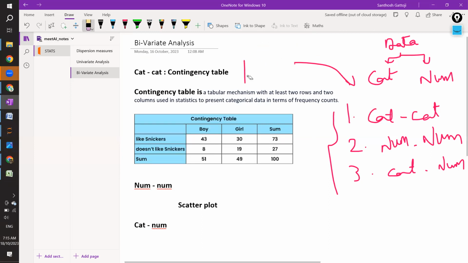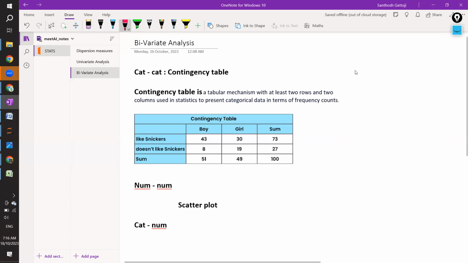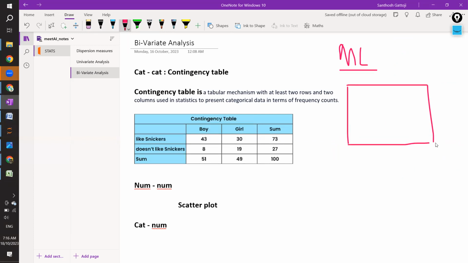So now let's see how you can work upon all these three combinations of data: categorical, numerical, and so on. You will soon understand the importance of this. When you work on machine learning, you will not know what type of data you will get in hand. In any project, the data will mostly be a combination of these.